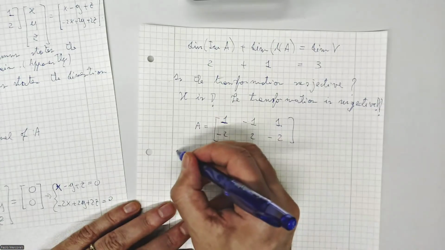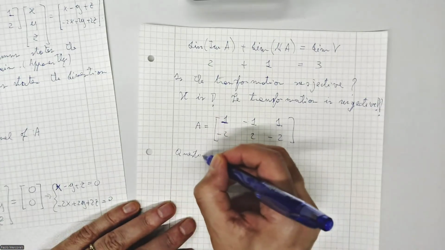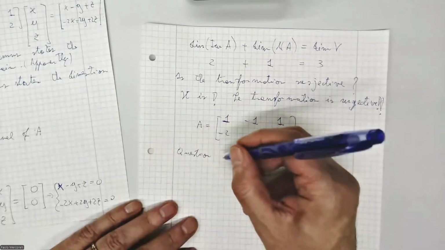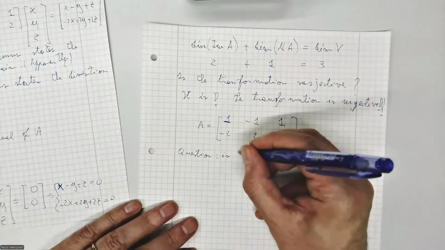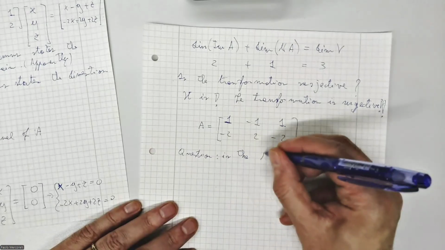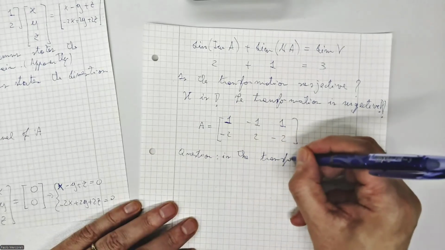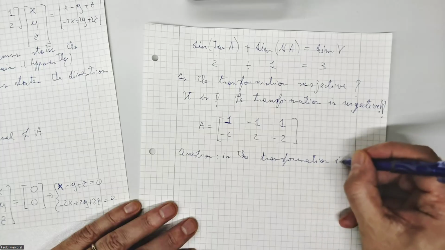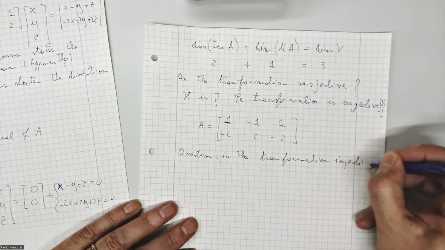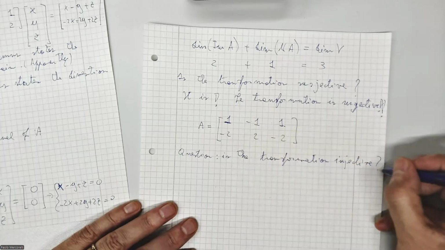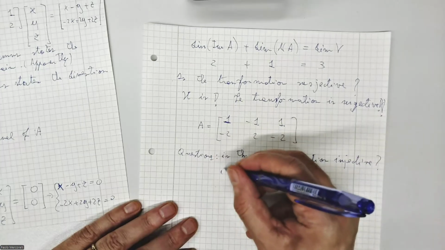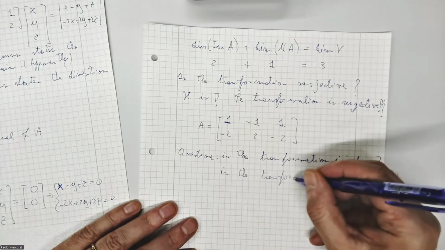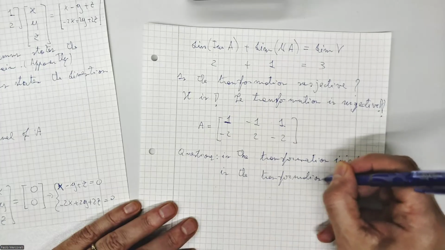Now we take a rest, but the question is, and with this matrix it is correct in the slide, but I will upload this for you. Is the transformation injective? First question. Is the transformation surjective?